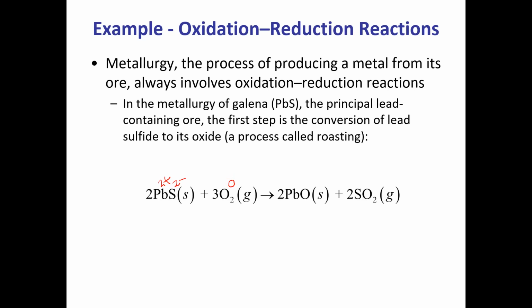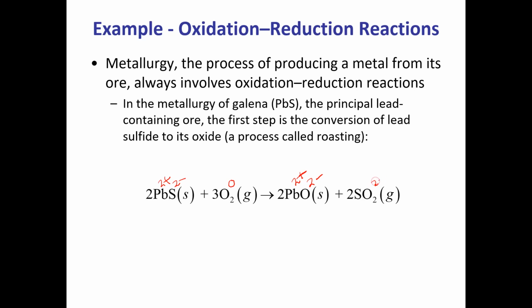Oxygen is an element by itself, so it would have a charge of 0. If we go over to the product side, oxygen has a charge of 2 negative, which means this lead also has to have a charge of 2 positive.